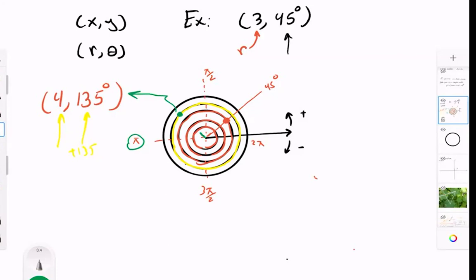For example, this point, which is 345 degrees, if I ask you what is the x and y for that point? I give you a point on the polar coordinate, and I ask you to make it a rectangular coordinate or Cartesian coordinate.